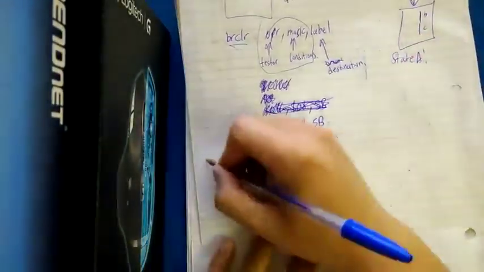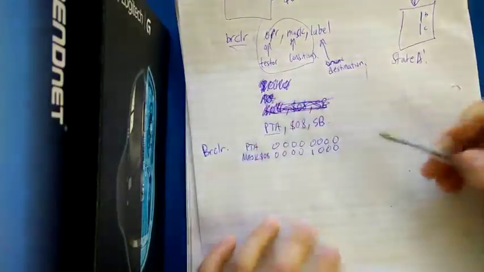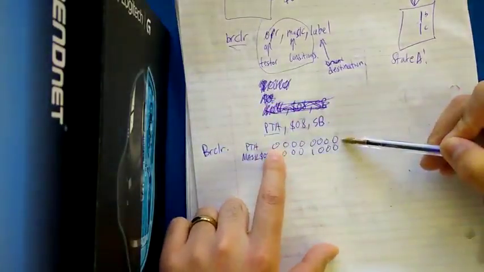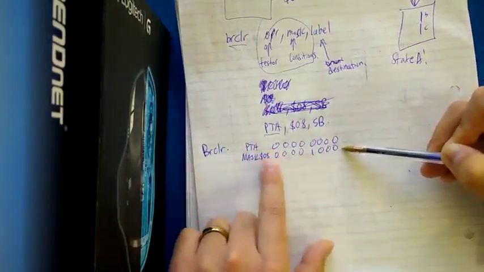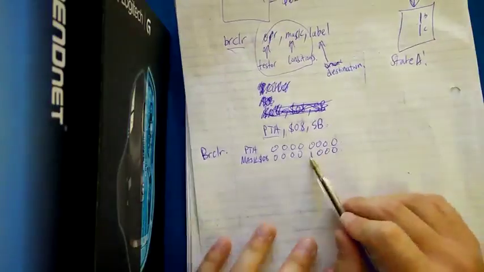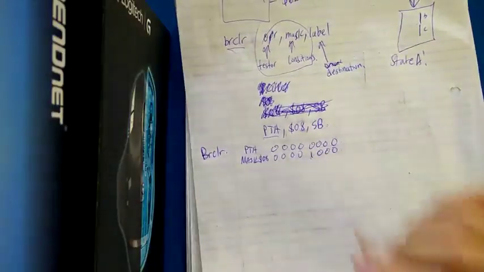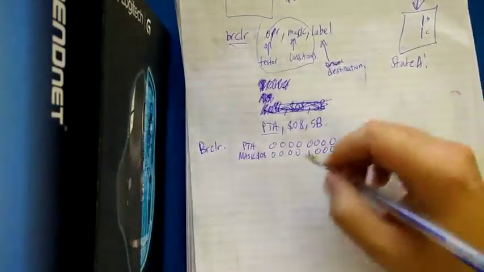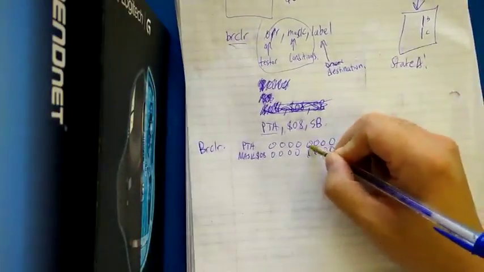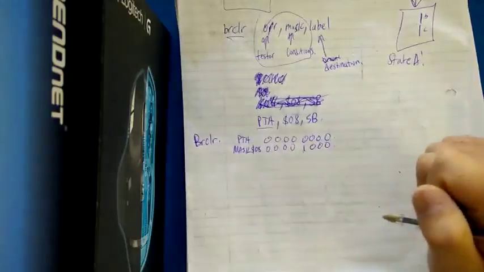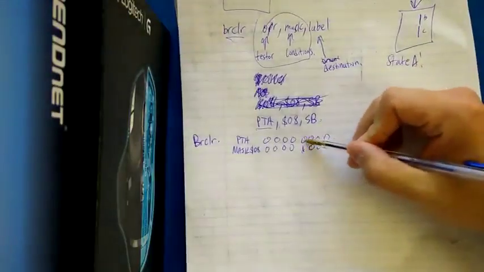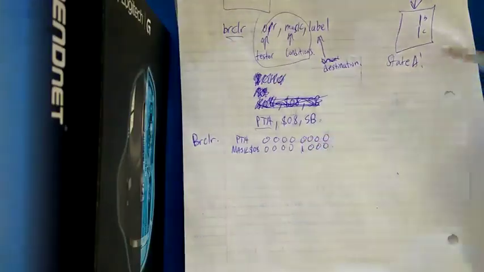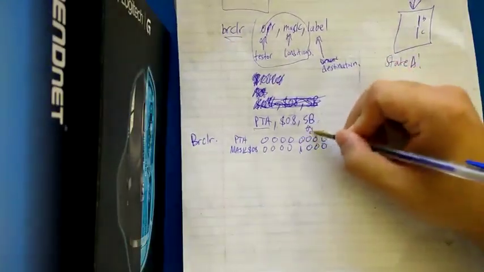So branch clear looks at the bits in port A, and it looks at the mask, and it says, in your mask, whatever you want to test, you set it to 1. And what it does is an AND operation. So if this guy and this guy is equal to 1, then continue on. But if this guy and this guy is equal to 0, then you're going to branch to whatever SB was, your destination.